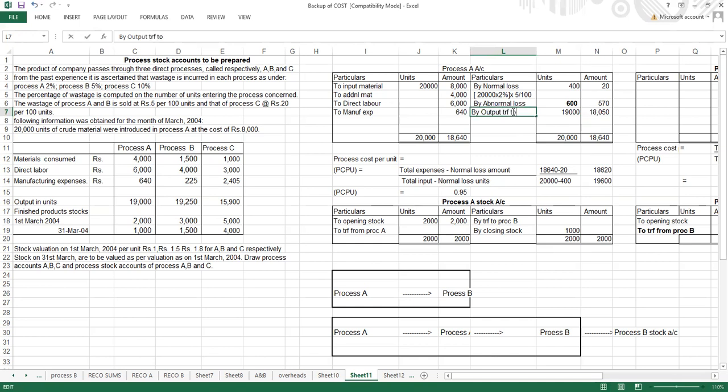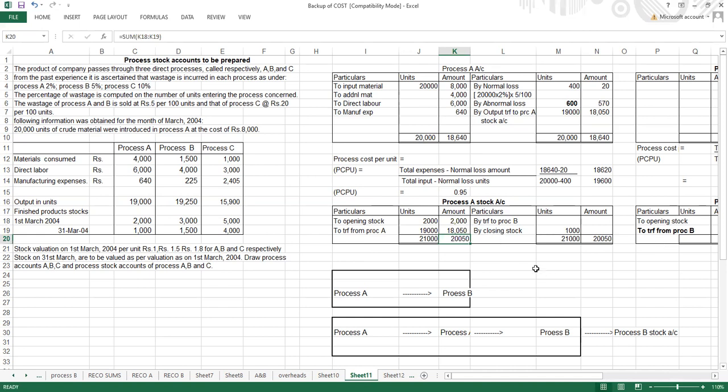Transfer to process A stock account. Clear? So in process A, I'll write transfer from process A. Clear? Units are 19,000. And the amount is 18050.